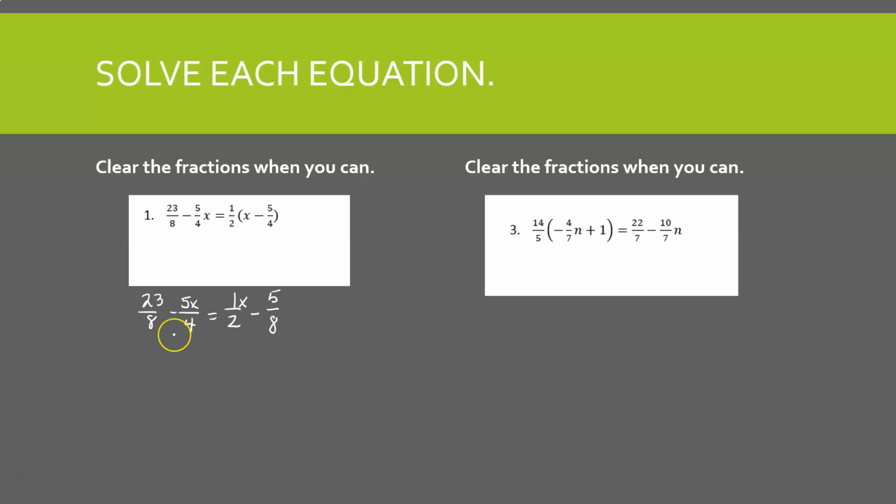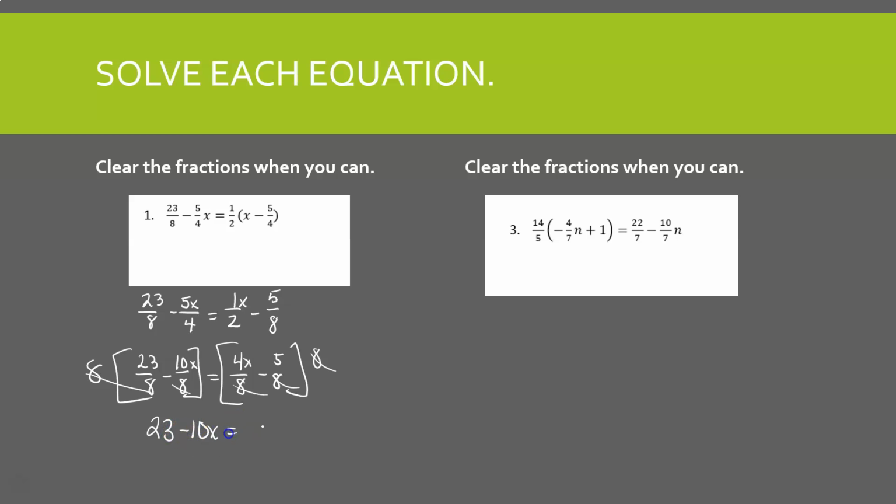Okay, so now I'm going to make everything into eighths. Now if I multiply by the denominator, I can clear out all the fractions. So I'm left with 23 minus 10x equals 4x minus. When I solve that, I end up with x equals 2.